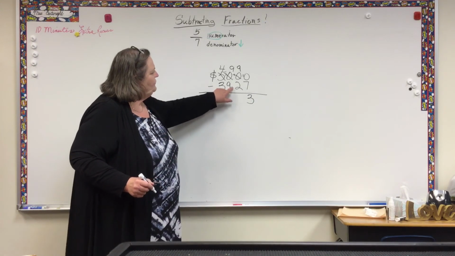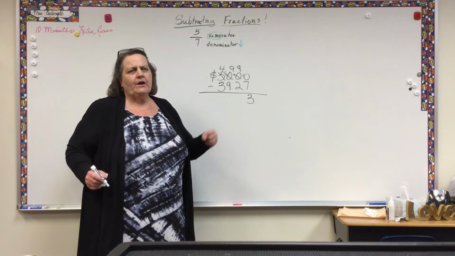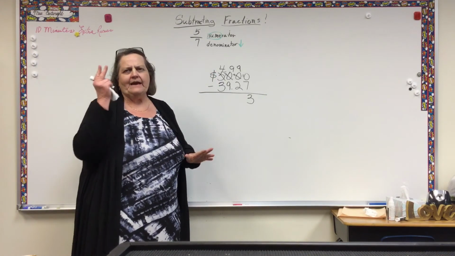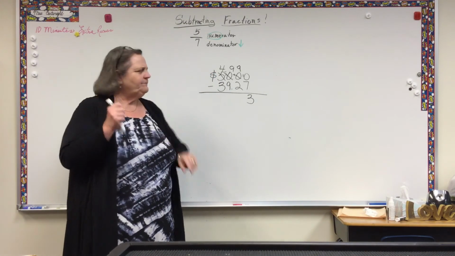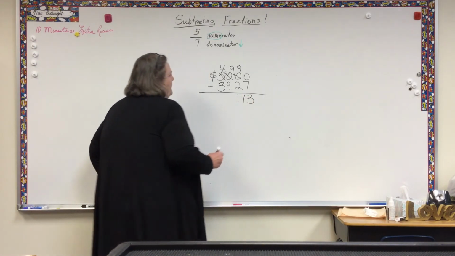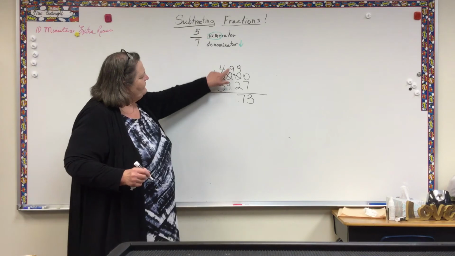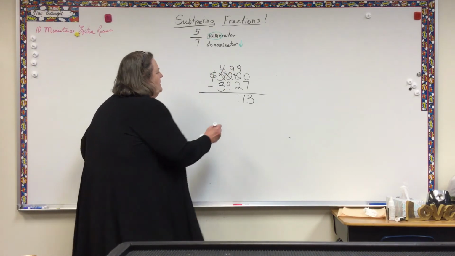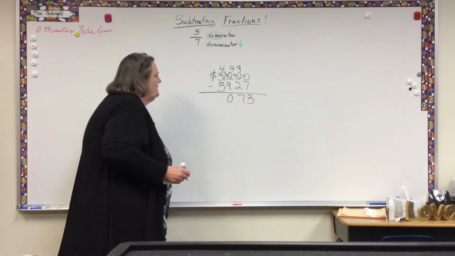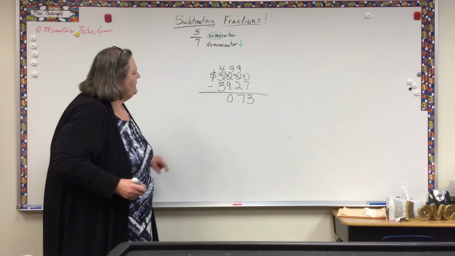Okay, 2 from 9. We've got to go up 3, 4, 5, 6, 7, 8, 9. 7. Then we're going to take 9 from 9. Well, that doesn't leave anything, does it? 0. And then 3 from 4 is 1.